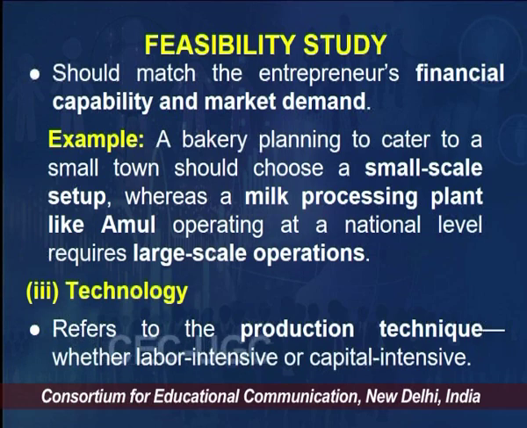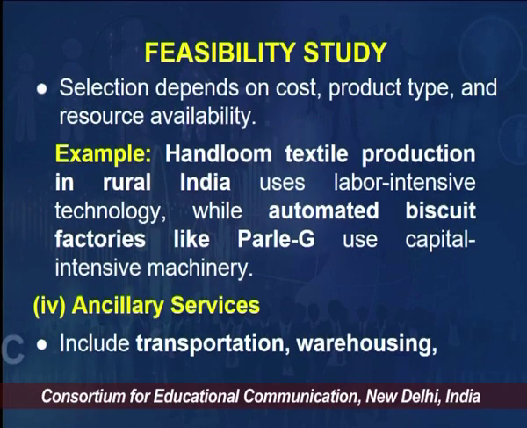Now, coming on to the technology part. It refers to the production technologies, whether labor intensive or capital intensive. The selection depends on the cost, product type, and resource availability. Now, for example, handloom textile production in rural India uses a labor intensive technology, while automated biscuit factories like Parle G use capital intensive machinery.